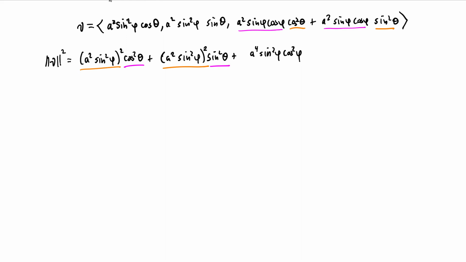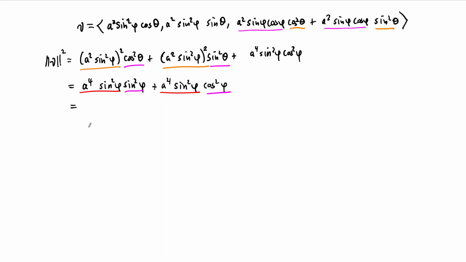I switch the colors around. But this whole thing now just becomes a to the fourth sine squared phi sine squared phi plus a to the fourth sine squared phi cosine squared phi. Notice what I did here. I wrote sine squared squared as just two copies. And again, the reason is because we see this term, the Pythagorean identity.